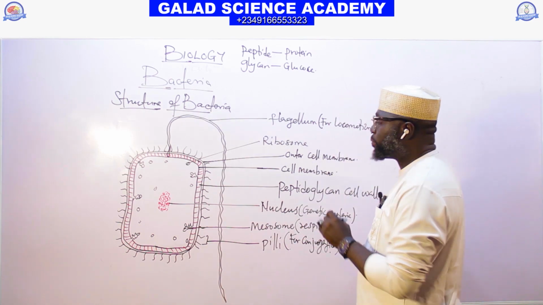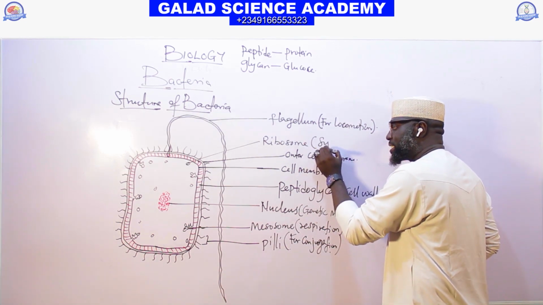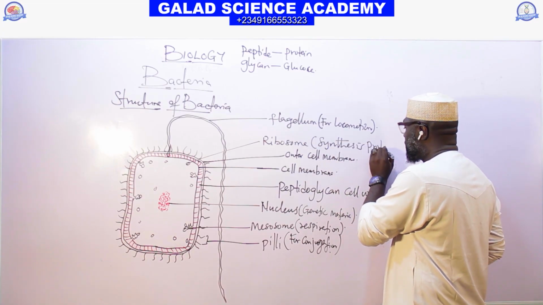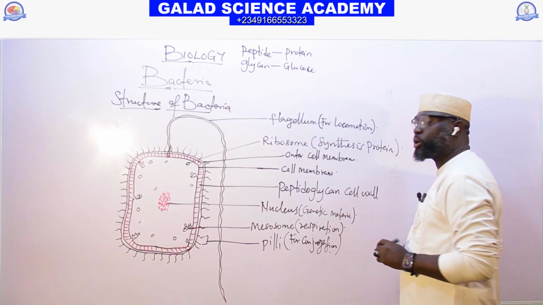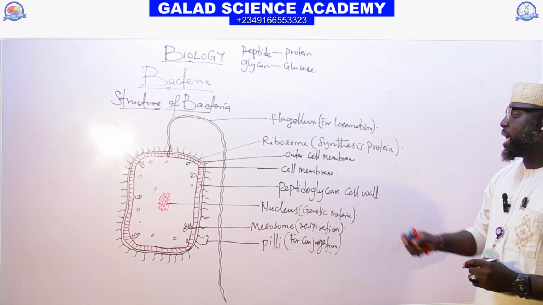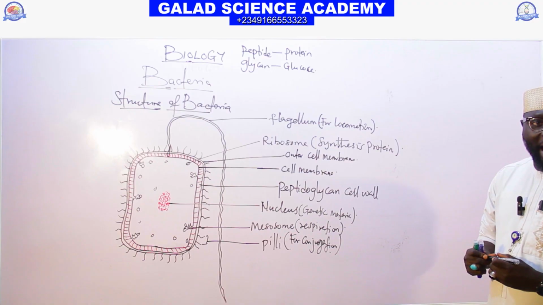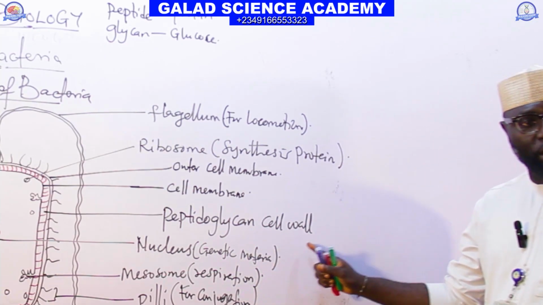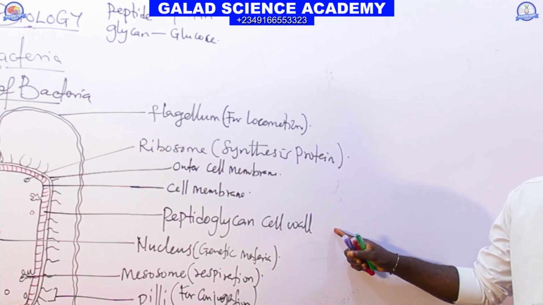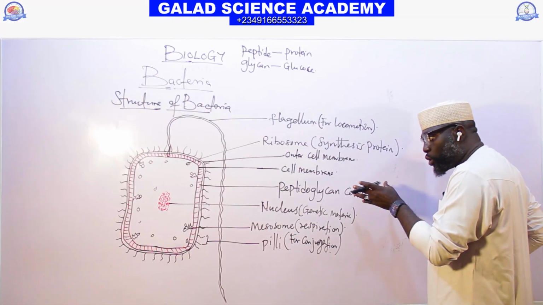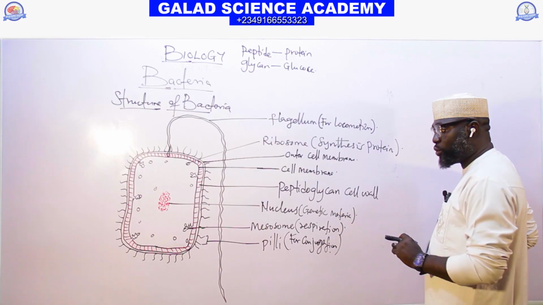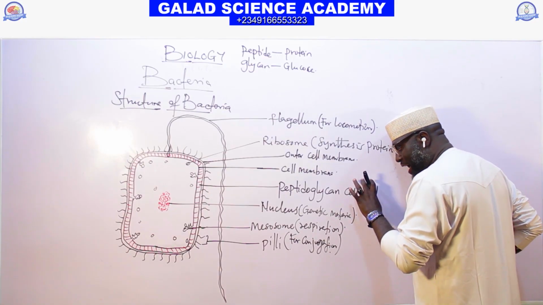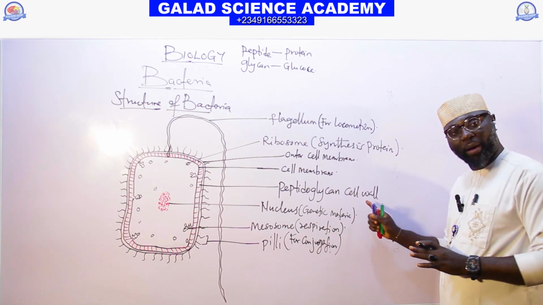Ribosome is used for protein synthesis, and it also produces DNA and RNA. Cell wall gives shape to bacteria, protects the internal structure of bacteria, and is also used for Gram staining in bacteria.